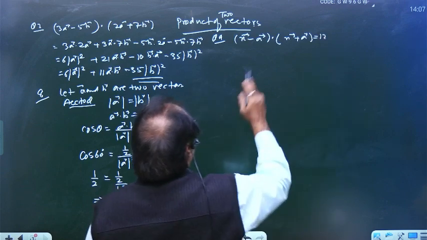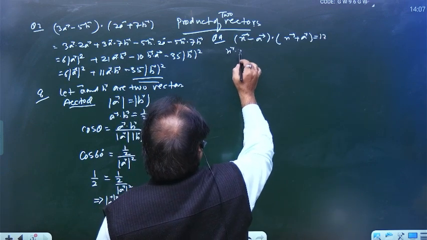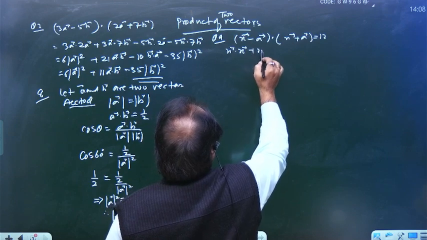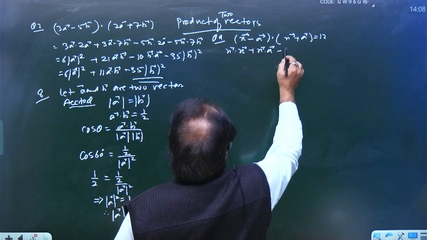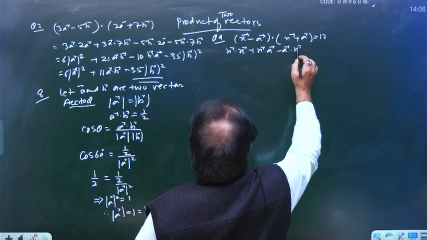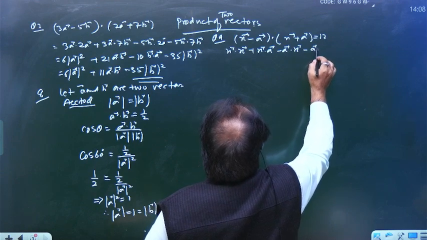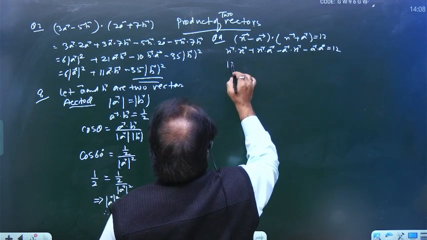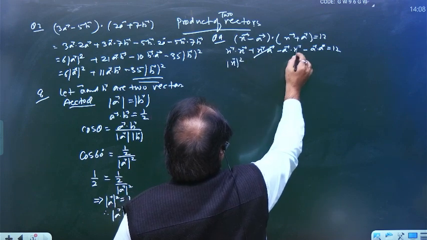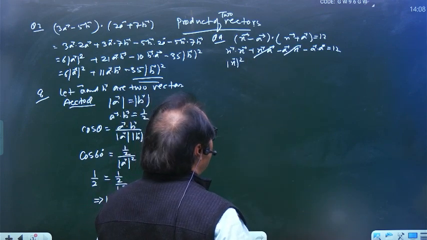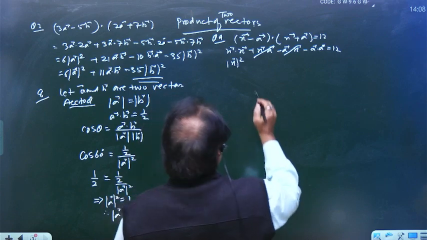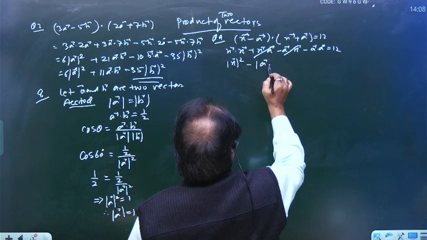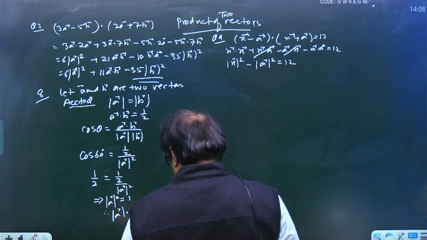Apply the dot product first. So x dot x plus x dot a minus a dot x minus a dot a is equal to 12. So this is x square, and the middle terms cancel because x dot a and a dot x are the same thing, and minus magnitude of a square is equal to 12.